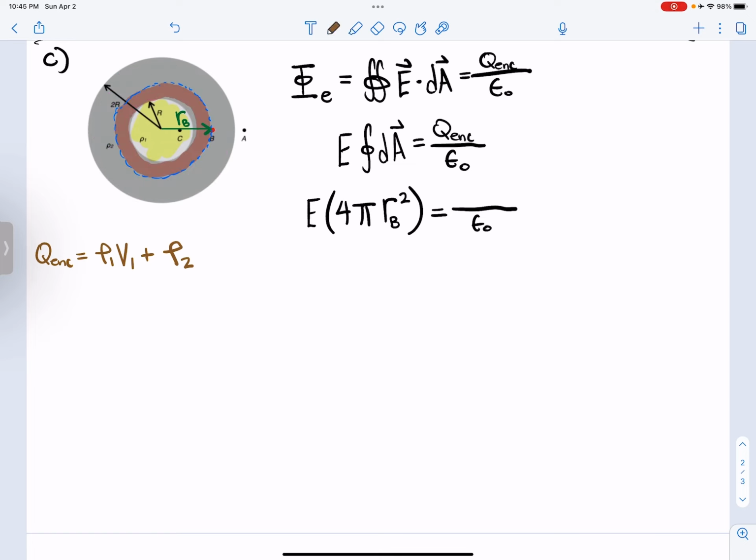All right, but this time the volume is going to be the volume of our Gaussian surface minus the volume of V1, all right?